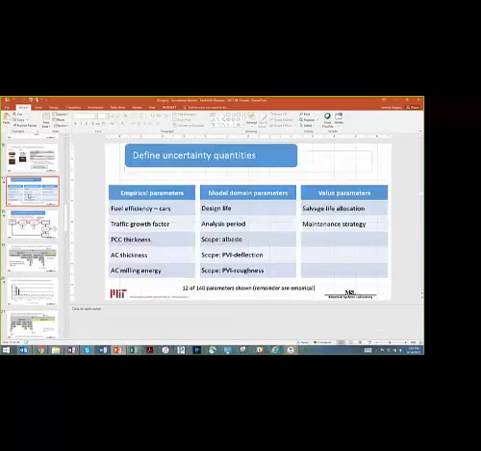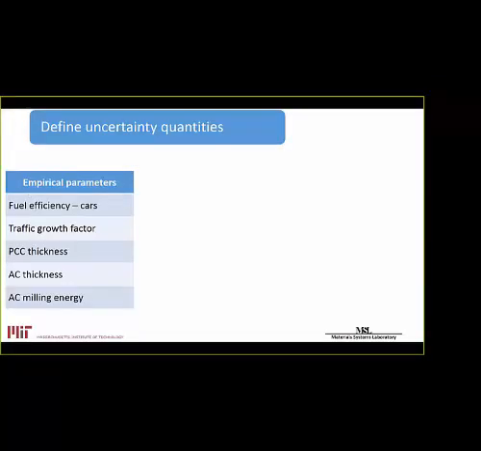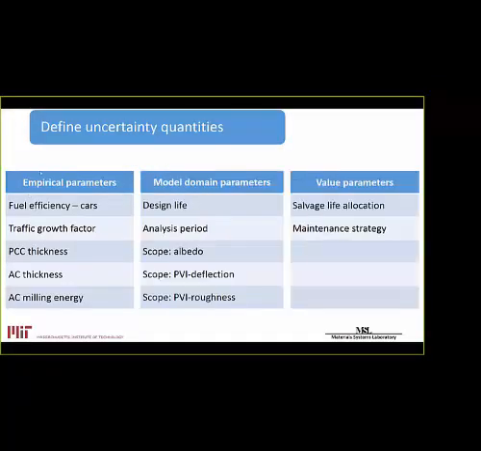the way that we organized our scenarios in this particular case is that we would specify a couple of different values for design life and for analysis period. And we had to keep it kind of limited because, as you can imagine, your scenario space expands pretty quickly the more alternatives you have for these values.